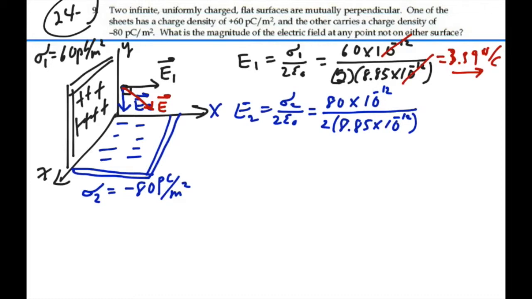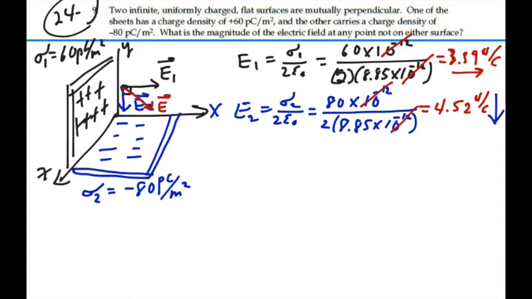And again, the 10 to the minus 12s will cancel out, so I'll have 80 divided by 2 divided by 8.85. That's 4.52 newtons per coulomb, and that field will be going down into the negative plane as I've drawn it.